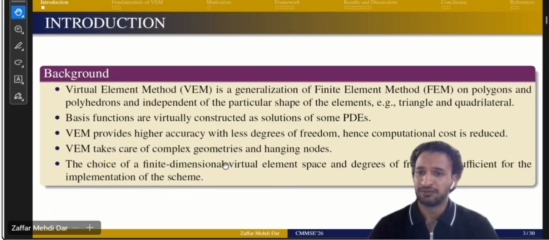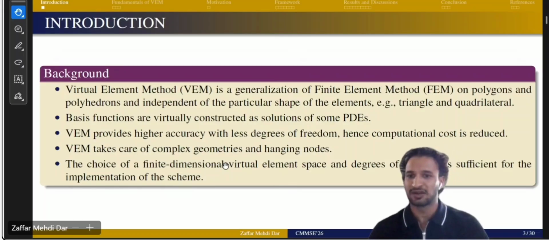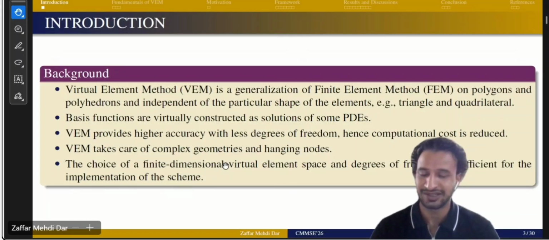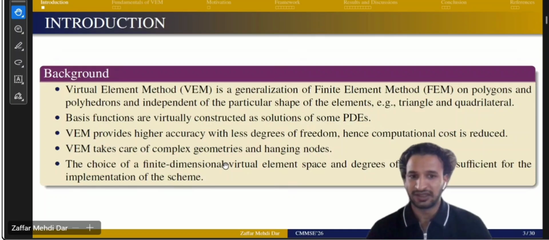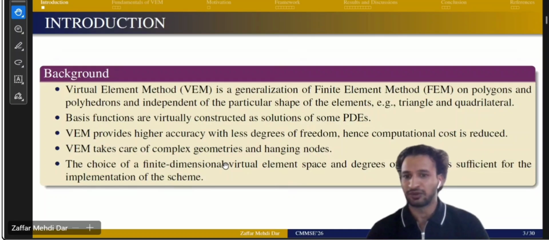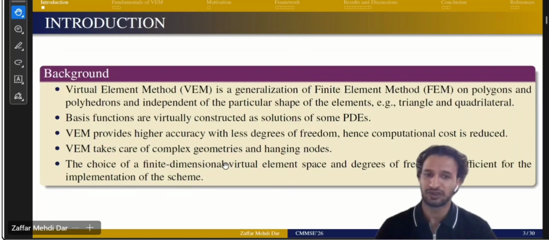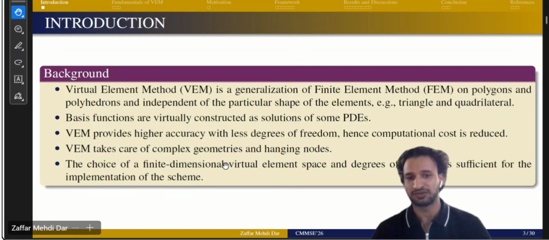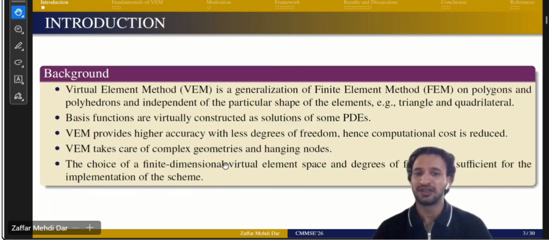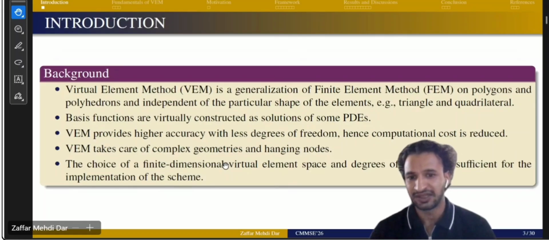The virtual element method has some advantages: with fewer degrees of freedom, it gives good accuracy, like other numerical methods, and this way the computational cost is also reduced. It handles complex geometries because of the flexible mesh shapes and flexible elements, and it takes into consideration the disadvantage that we faced in the classical finite element methods, that is the hanging nodes.